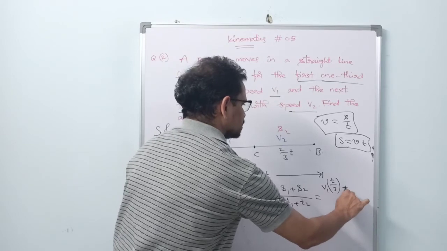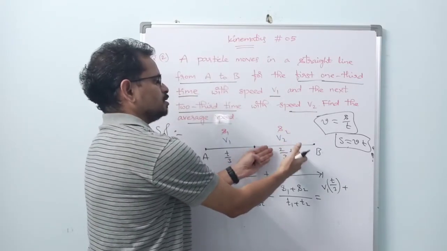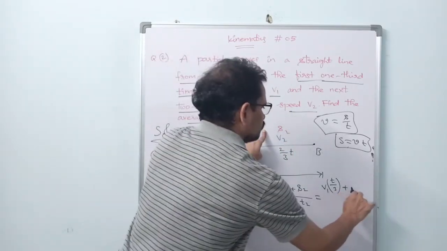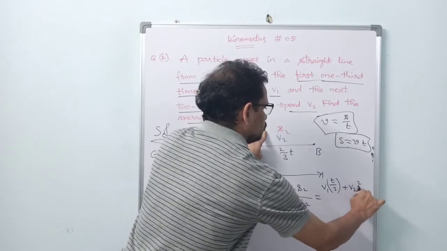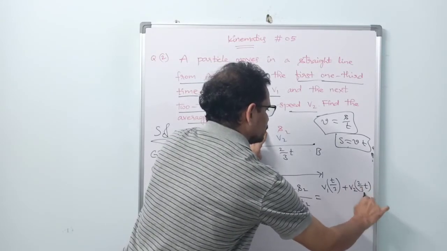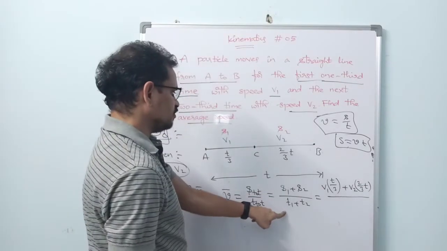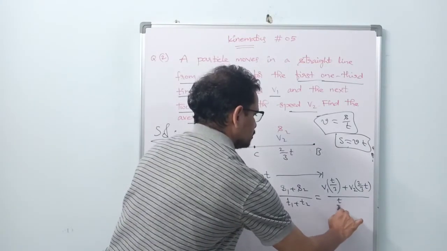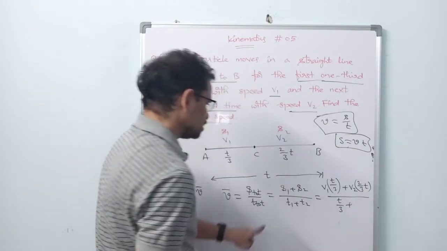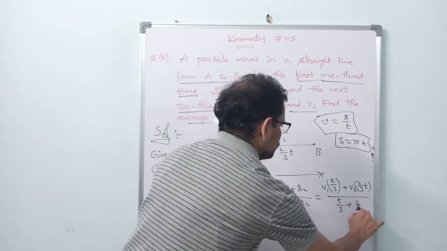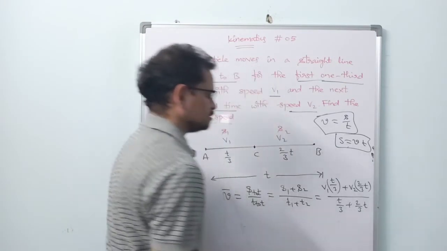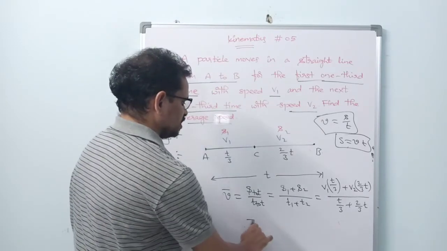Plus what is S2? This speed into this time: v2 into 2t by 3. Divided by what is t1? T by 3, plus what is t2? 2t by 3. So this is equal to how much?